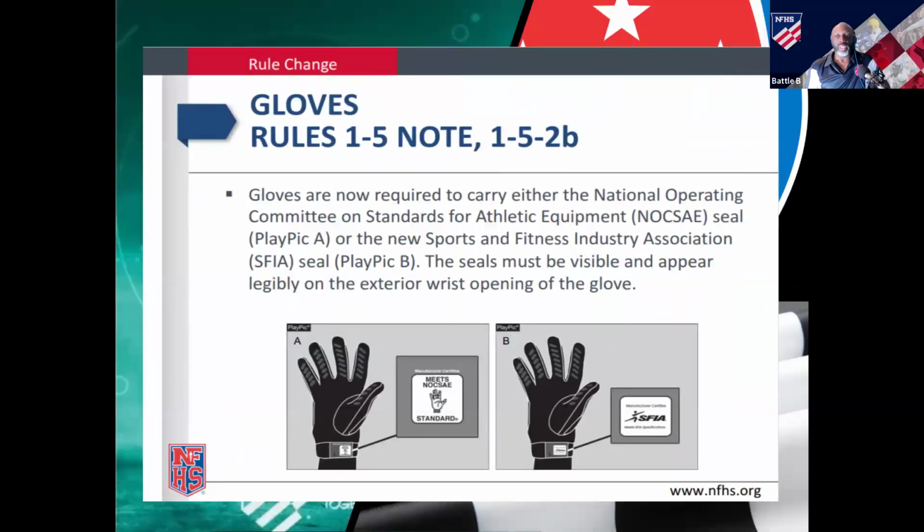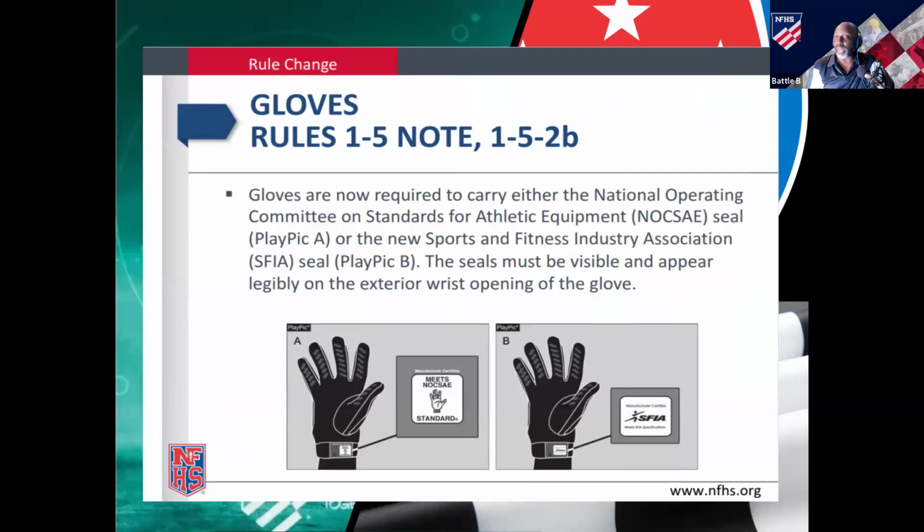All right, if they wear gloves, they must have the logo of NOCSAE or SFIA. Again, if you want to chase down gloves and say, let me see your label, be my guest. No officials chase down and watch gloves.